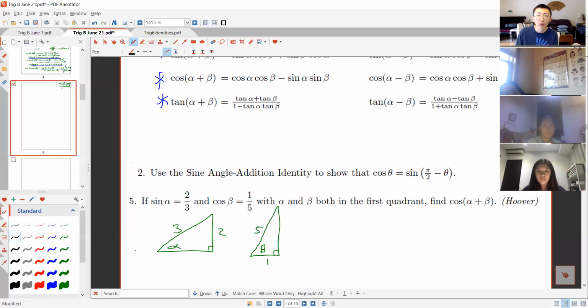So what's cosine of alpha here? √5/3. Yeah, so if I draw this diagram, you can see this is √5, so this is √5/3. And similarly, this is √24 or 2√6. So sine of beta, which we're not given explicitly, is 2√6/5.